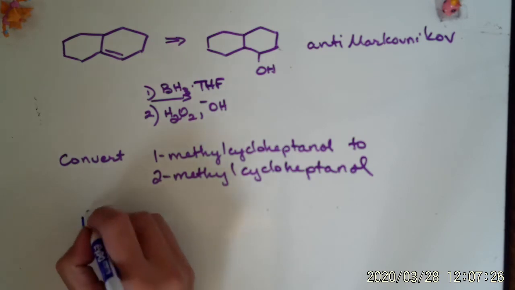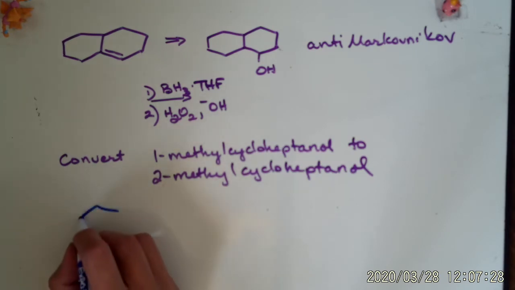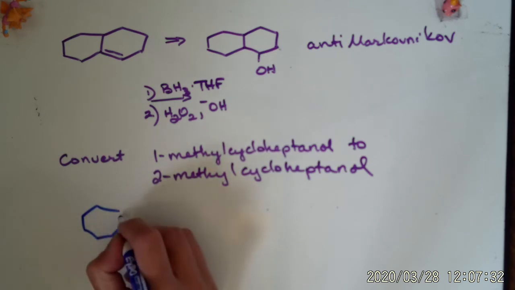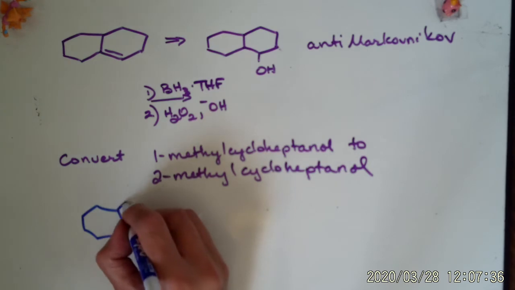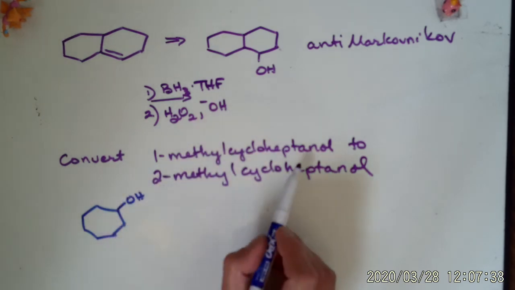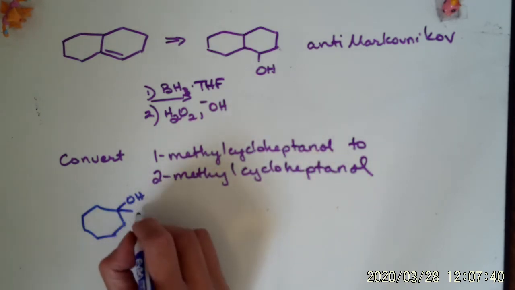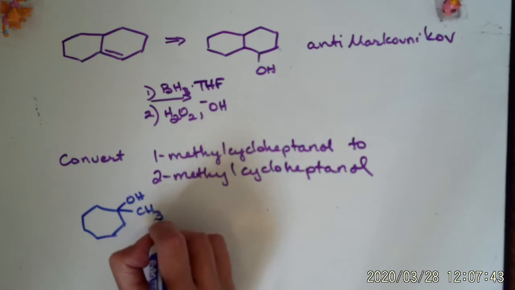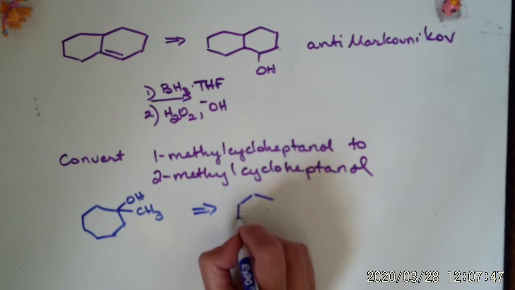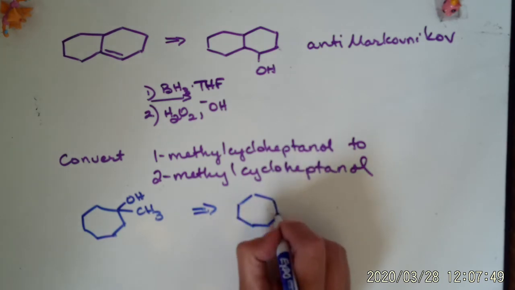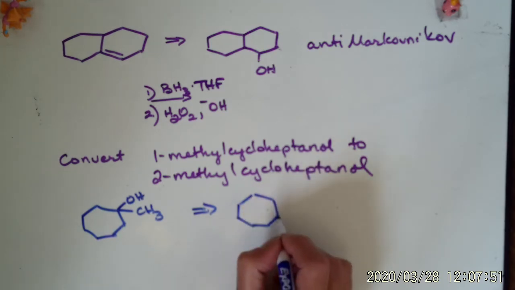Here, cycloheptane. So 1, 2, 3, 4, 5, 6, 7. Put an alcohol here. Okay, and then put a methyl group here.